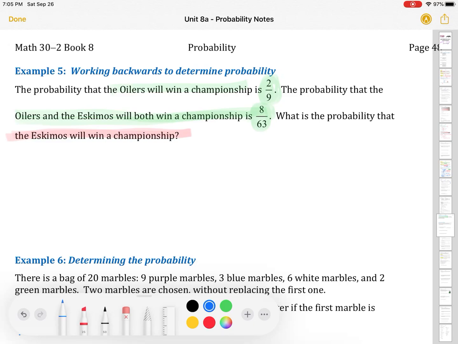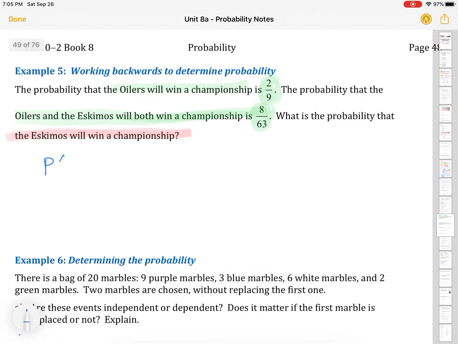Now, working backwards to determine probability. What is the probability then that the Eskimos will win a championship? Well, we know that the combined probability is equal to the separate probabilities times each other. Are these independent or dependent events? These are definitely independent because they should not have any impact on each other.